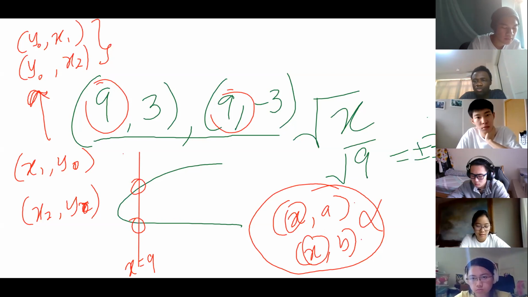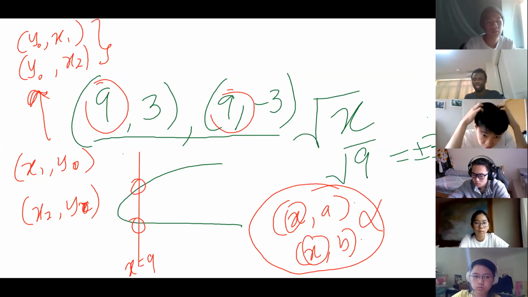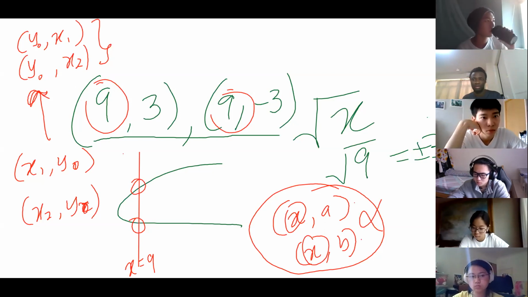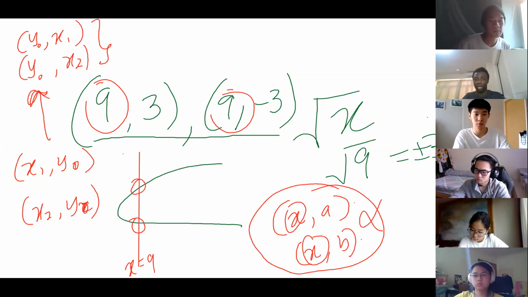Because the x and y coordinates are the same. Well, there's no crime in having x and y as the same. That's not what the blue definition says. It says for any two pairs, you must not have the same x coordinate. And that is what the vertical line test is all about.